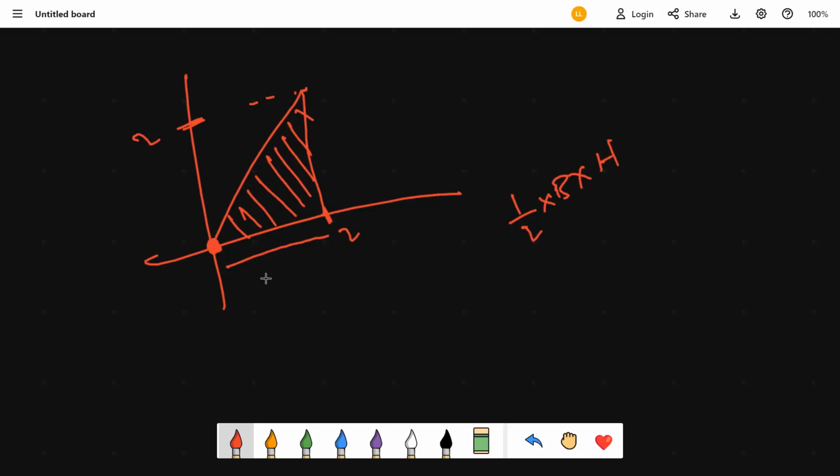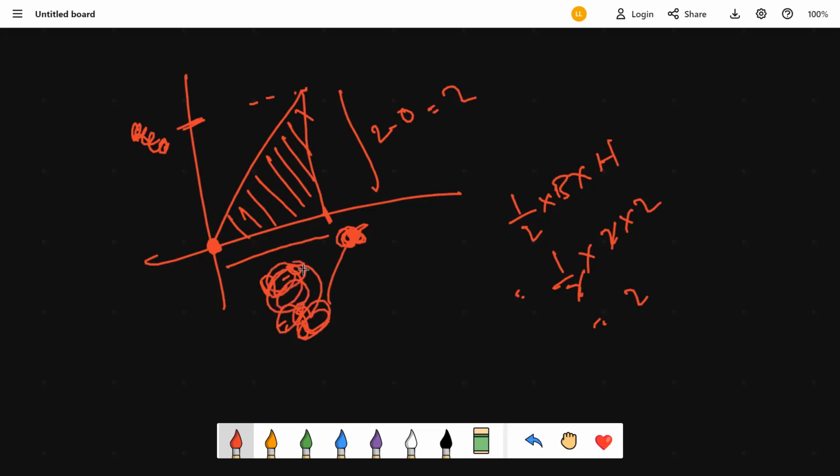So that means b is what? b equals 2 minus 0, which equals 2. Similarly, the height value here is 2 minus 0, which equals 2. So we can simply place this inside the equation and we can get the answer as 2. That's our area.